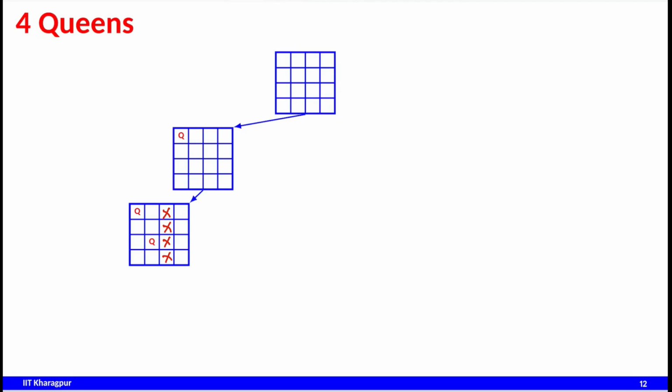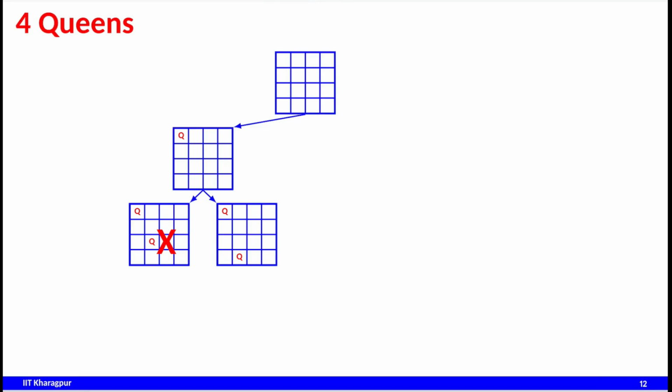So effectively I cannot place any queen on the 3rd column, so I have to go back and choose an alternative for the 2nd column. There is no solution here, so I have to go back and change the option.